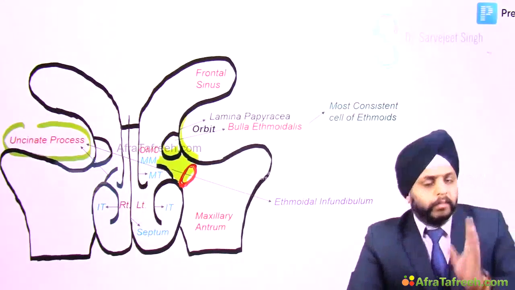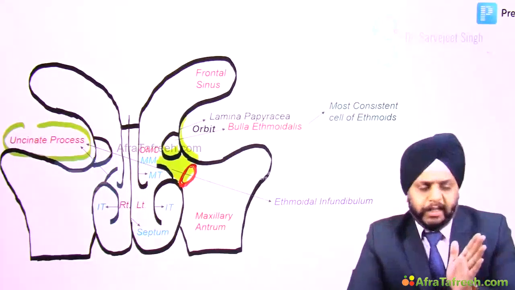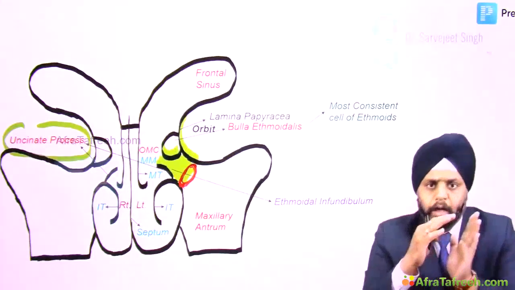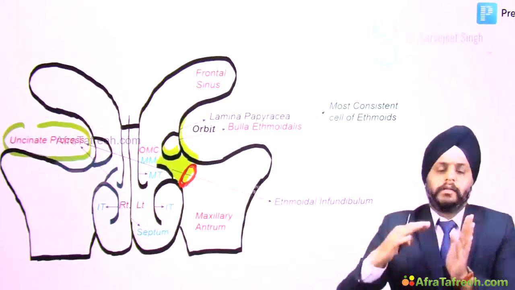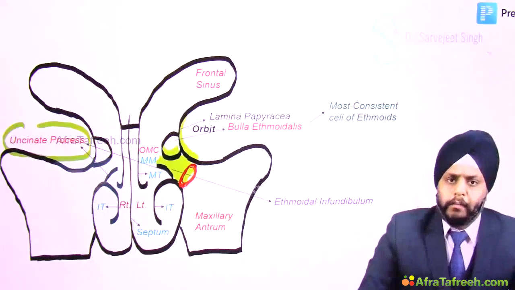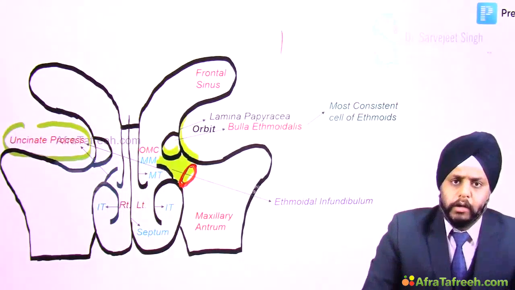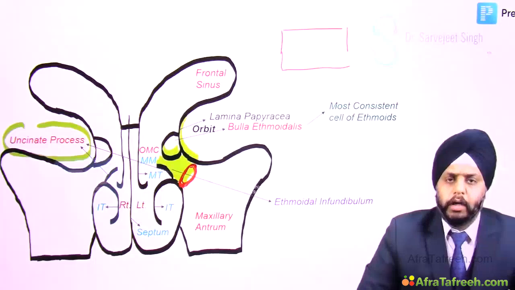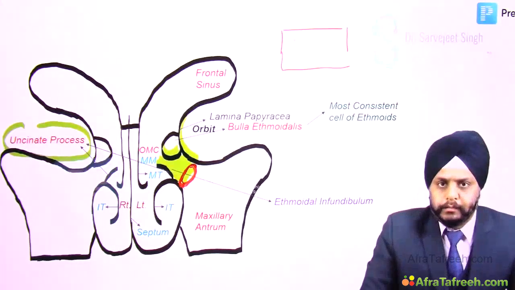Now this ethmoidal infundibulum, we have seen it lies between the uncinate process, bulla ethmoidalis, and the lamina papyracea. I always compare it to a hall. Suppose there is a big hall. Now this big hall is the antrum.